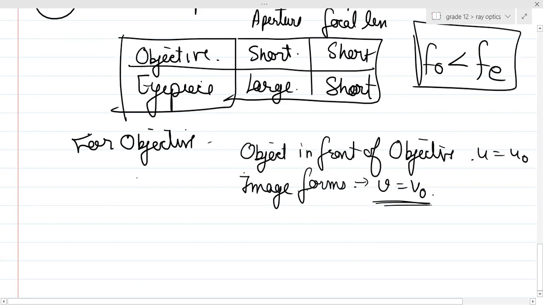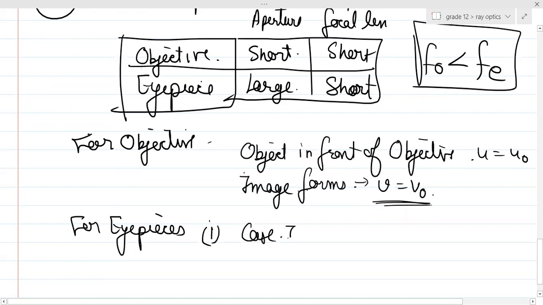Okay guys? For eyepiece, please remember the image formed by the objective will act as an object for the eyepiece, right?